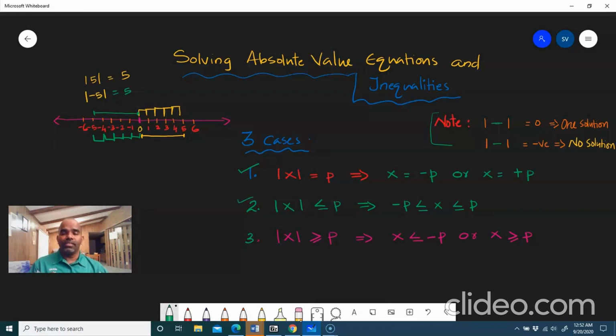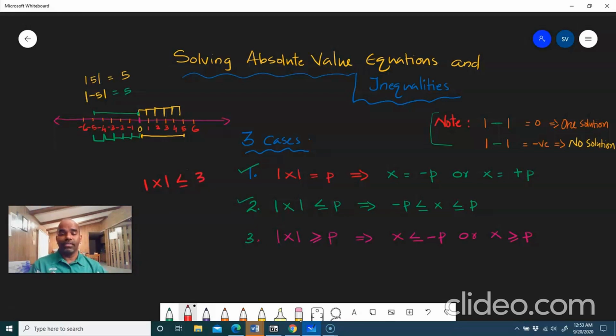The second one is the less than or equal to case. Here it comes to the inequality. If absolute value of x is less than or equal to p, I'll explain with a question. Absolute value of x is less than or equal to 3.